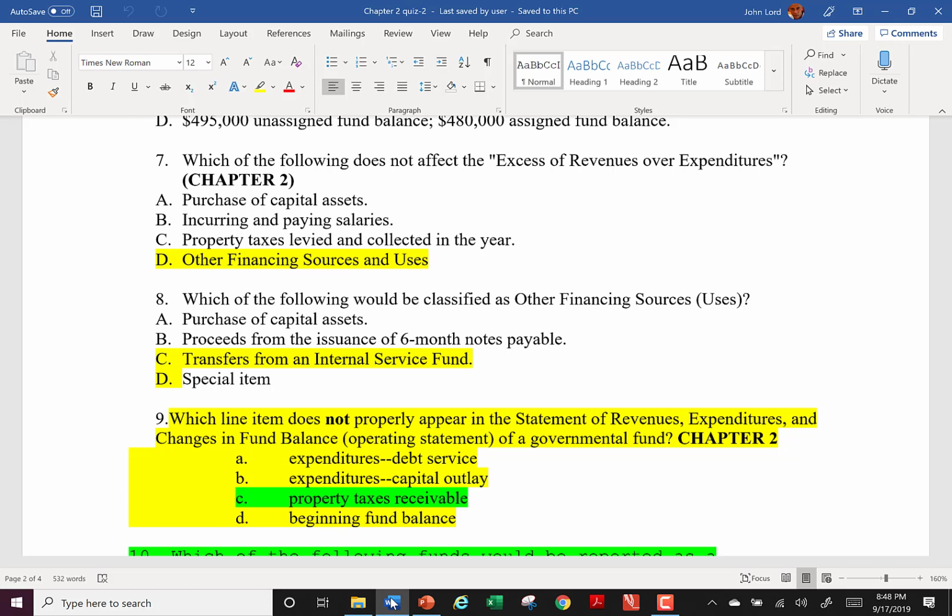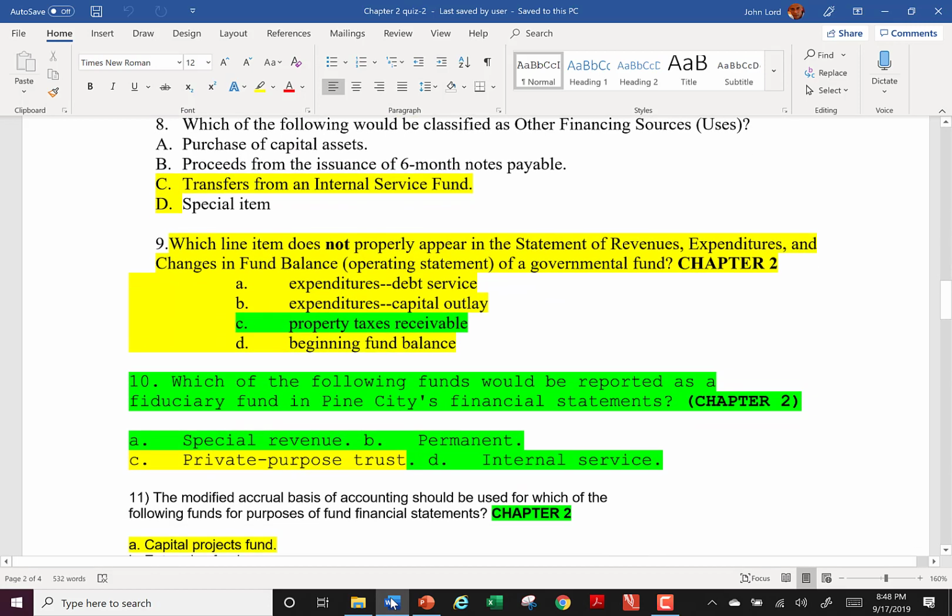Number 9. Which line item does not appear on the statement of revenues, expenditures, and change in fund balance? I asked this question on the midterm, and half the class misses it. And I'm like, why? The statement of revenues, expenditures, and change in fund balance is like the income statement, isn't it? Do you put receivables on your income statement?